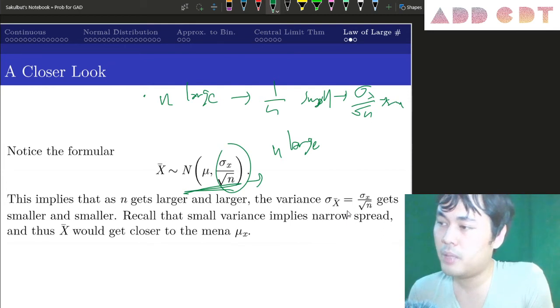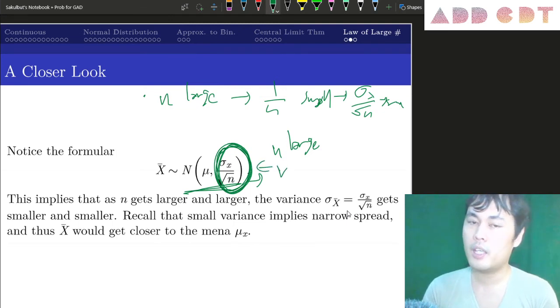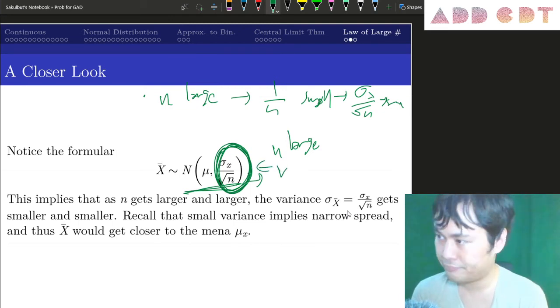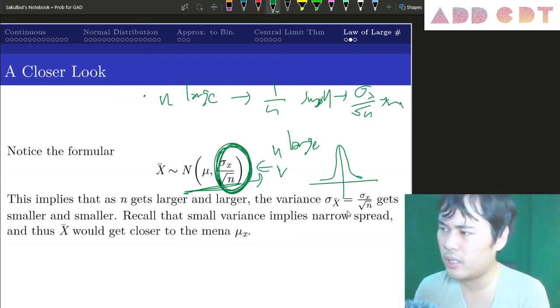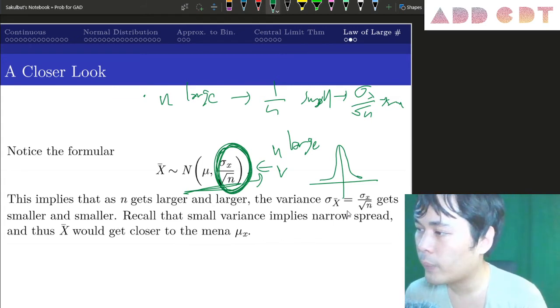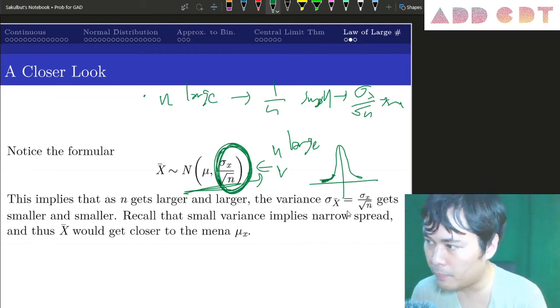So what does it mean for the latter part to be small? Remember that part is the variance. If the variance is small, that means most of the values of the curve are going to cluster together in the center, and the tails are going to be very abrupt.